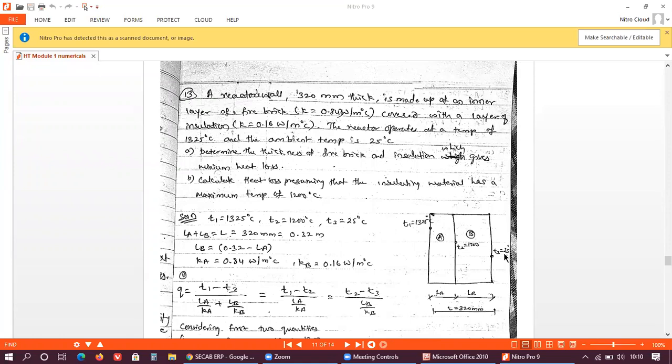Along with that, one more condition is given for the insulating material: at the point of contact at the center, the maximum temperature obtained is around 1200 degrees Celsius. For this given condition we need to calculate the rate of heat loss, that is Q. Okay, now the problem statement is clear.